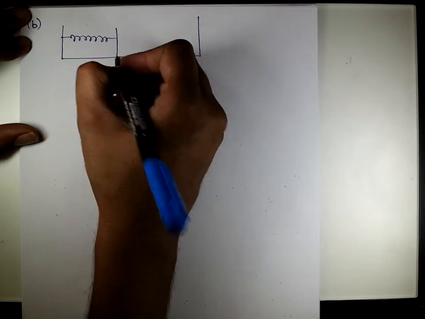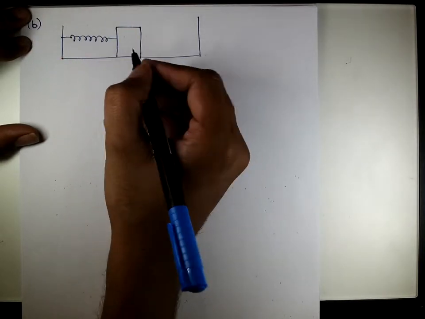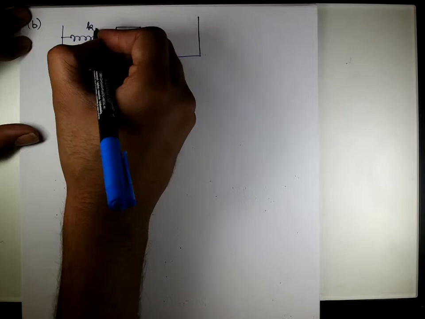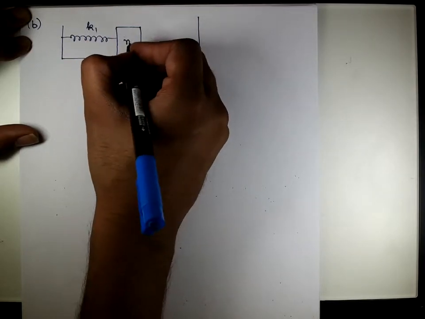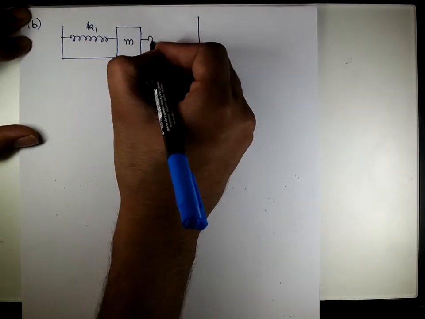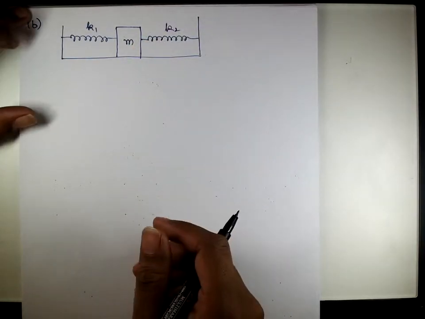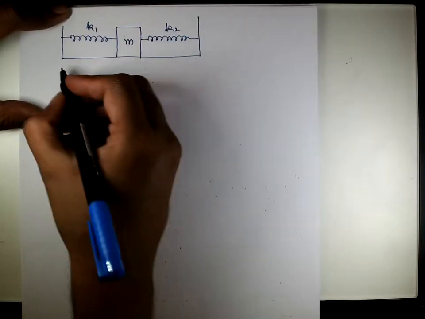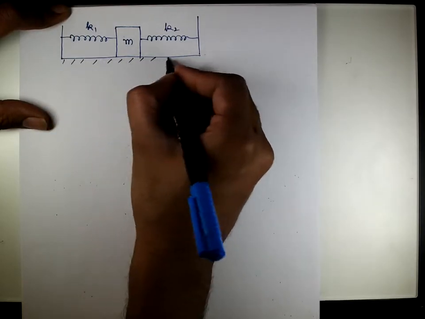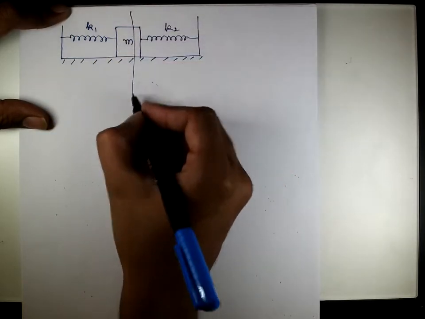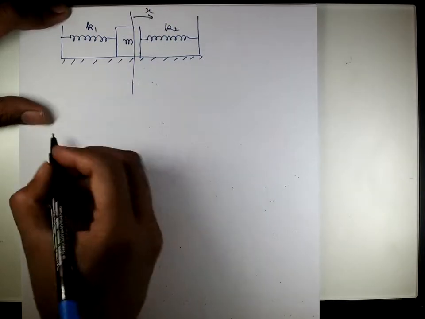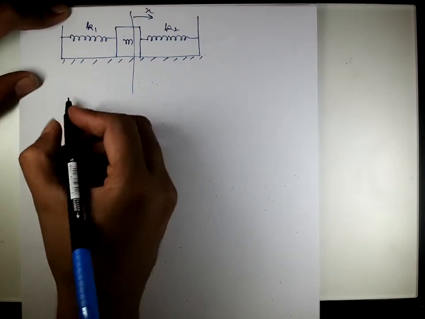Let's consider this figure where we have two springs, one having a spring constant k1, mass again being equal to m, the other having a spring constant k2, connected in this way. Now let us displace the block by a small distance x.